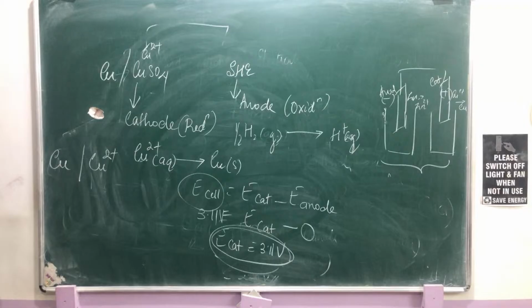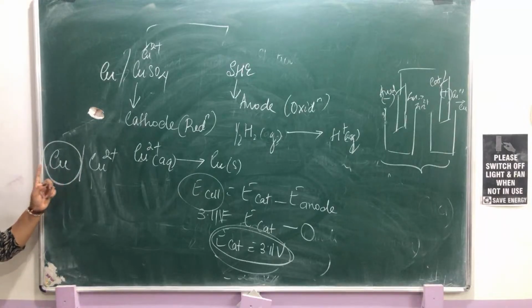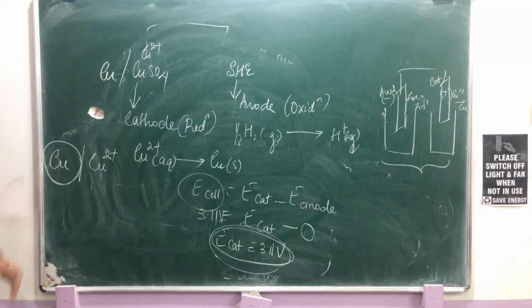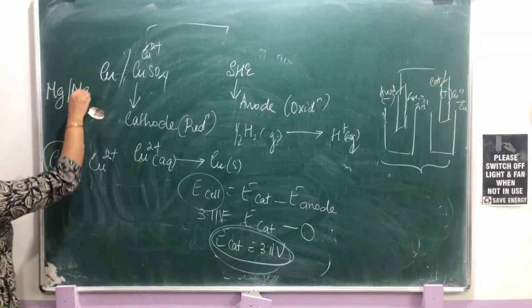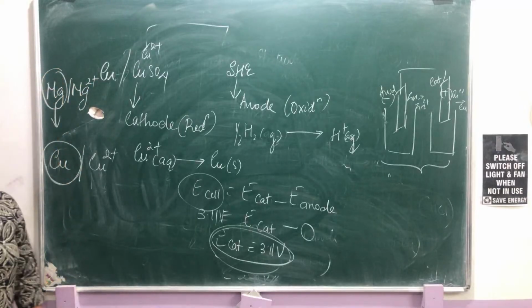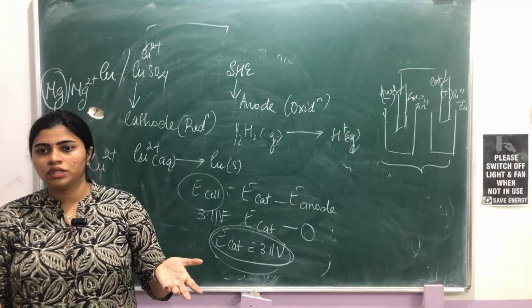So in the statement, the reduced form is more stable than hydrogen. So we observe that copper is more stable than hydrogen. Previously, what was it? Mg and Mg2+. Which is the reduced form here? Mg. So Mg is less stable compared to hydrogen. These were what they found from the experiments.